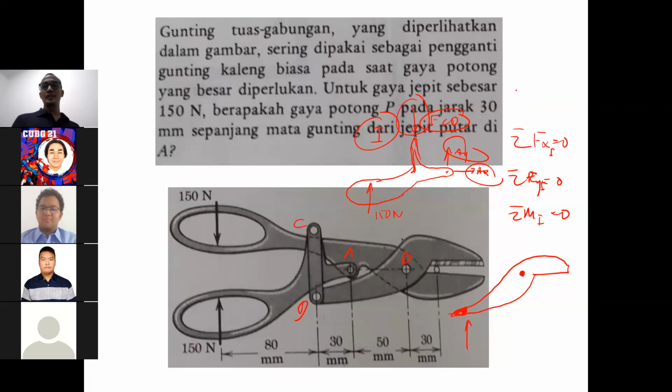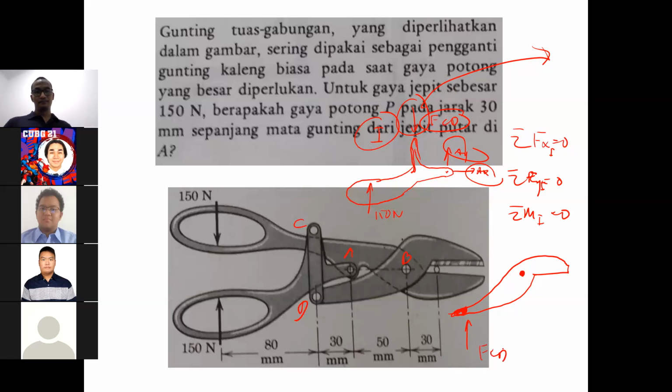If the result is positive, which means that this direction is correct, then FCD is supposed to be going up because it's action and reaction. But if the result is negative, then we know that the actual direction is the opposite: the positive direction is going up, then the other one is going down. Do you get it, David? Yes, sir. Okay, so this one is FCD.